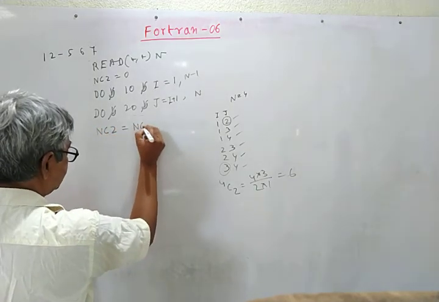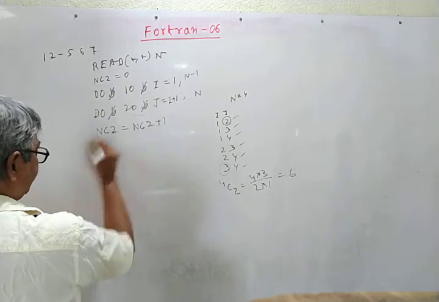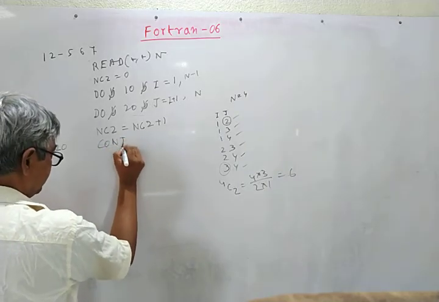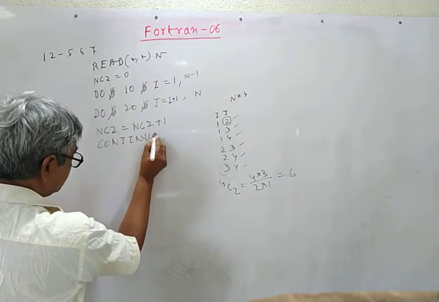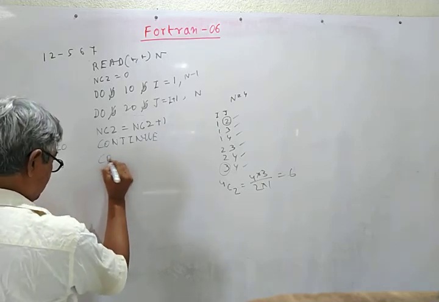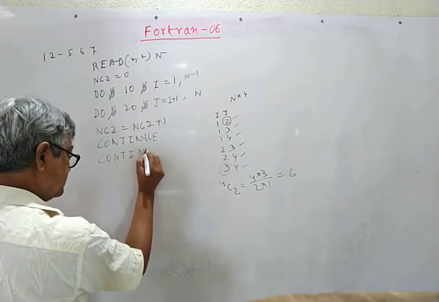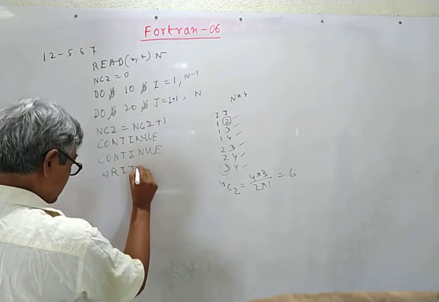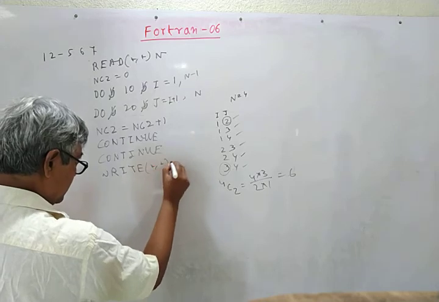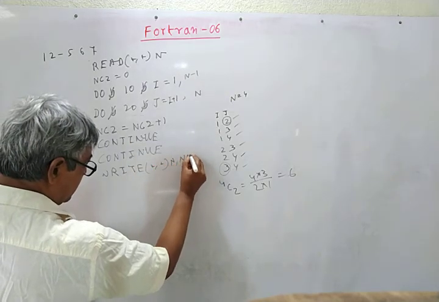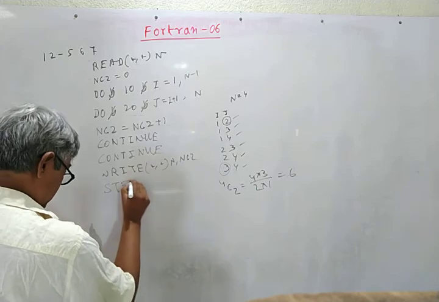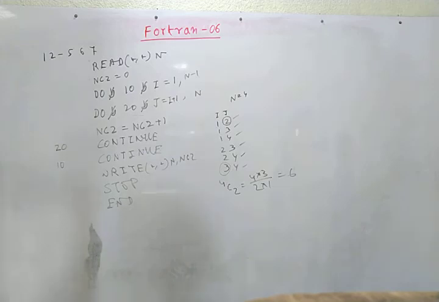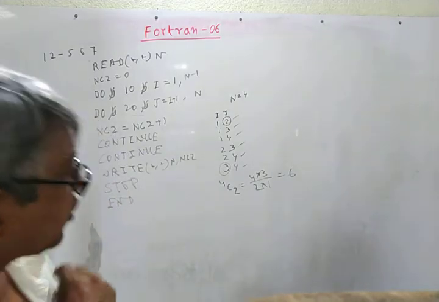So we do this: NC2 is equal to NC2 plus 1. Then 20 continue, then 10 continue, and then write NC2. This is a logic which is generally used in sorting.